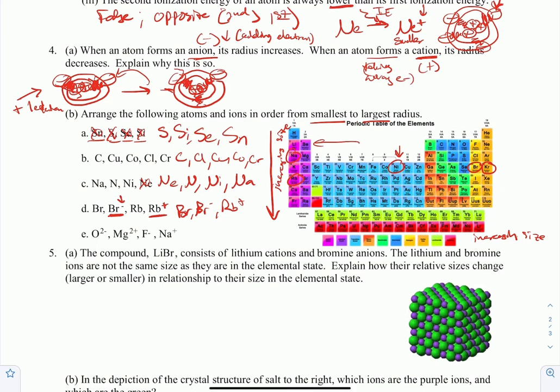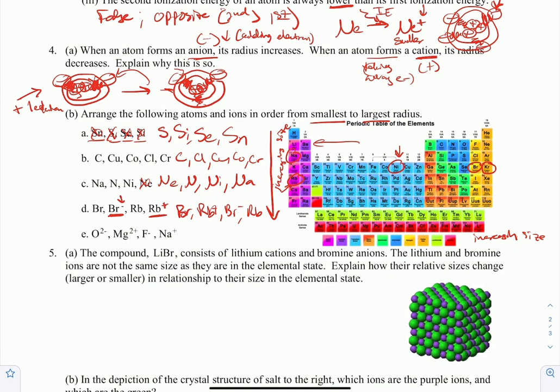And if you remember, when something is positively charged, it's pulling in the electrons with even more force, right? But bromine has less protons to be able to do that with. So bromine actually lets them loose a little bit and is slightly bigger. So this would actually go rubidium plus, and then Br minus. And then by default, rubidium, since rubidium now has the extra 4s orbital now surrounding it, okay? So kind of tricky, but that's kind of how you want to think about these.